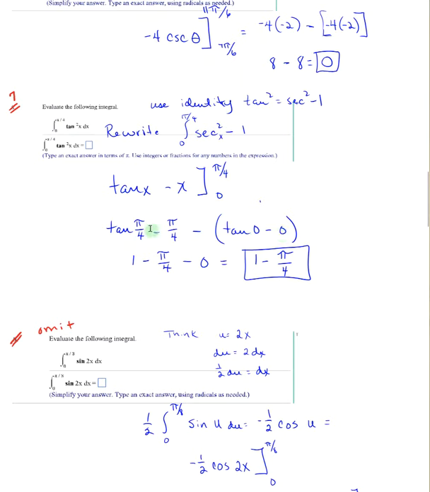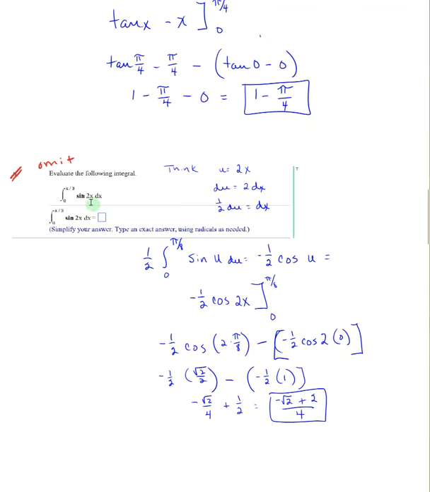All right, so tan of pi over 4 is 1 minus pi over 4 minus tan of 0, which is 0, minus 0. This whole thing does go to 0, but we had to plug it in because it not necessarily would be that way. It does happen that tan of 0 is 0. So we have 1 minus pi over 4 minus 0. That's just 1 minus pi over 4.